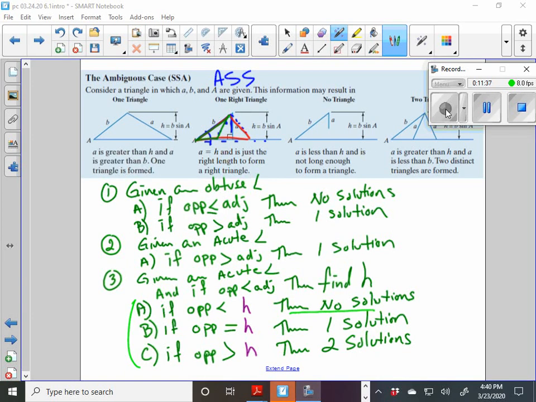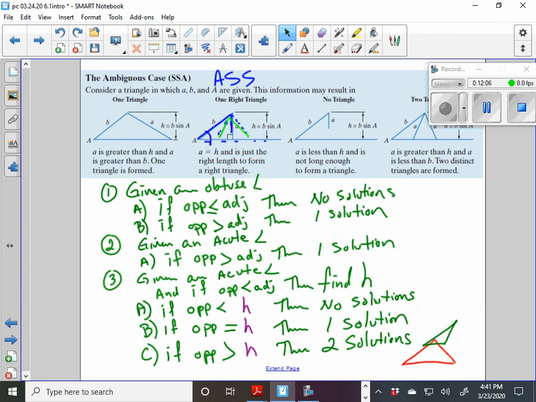In other words, this opposite side won't reach that, and you can't have a triangle. Or if it's equal to it, then you're going to have one solution. That means you're going to have a right triangle there. And then lastly, the scenario we had talked about before, that if the opposite is greater than H, then you might actually have 2 solutions like the green and red triangles that we had created here before.